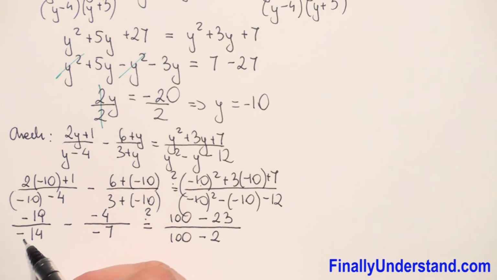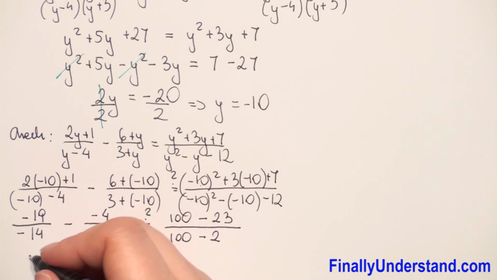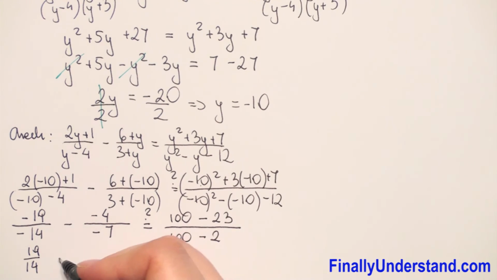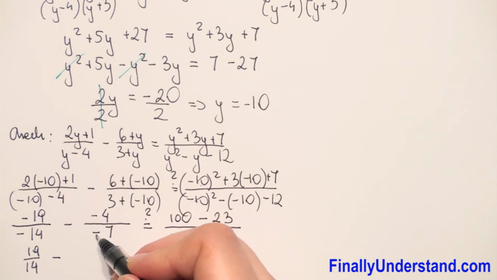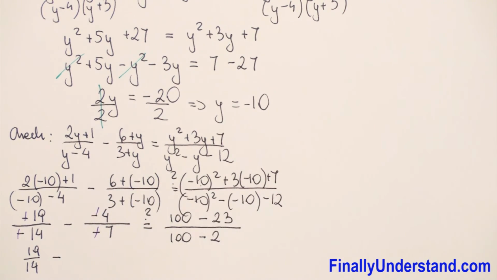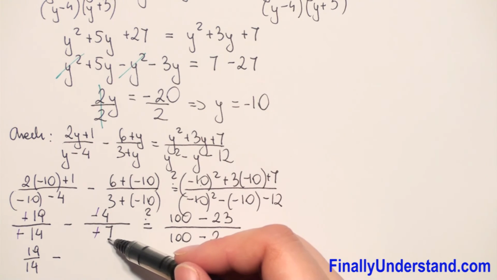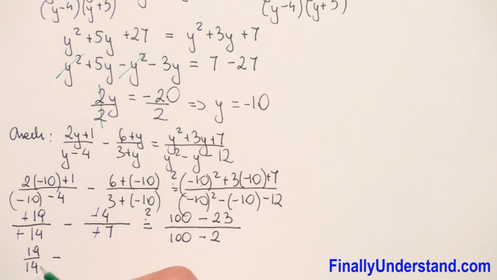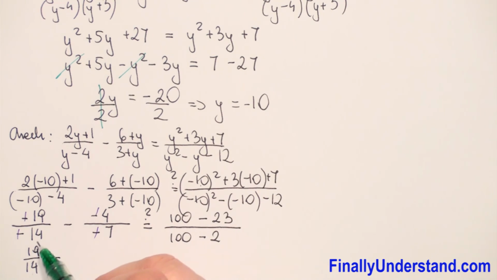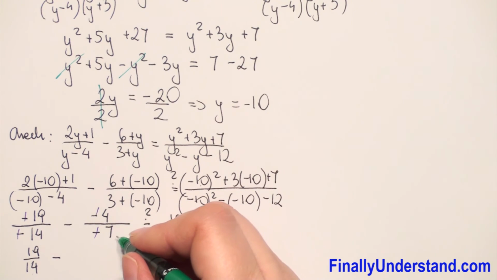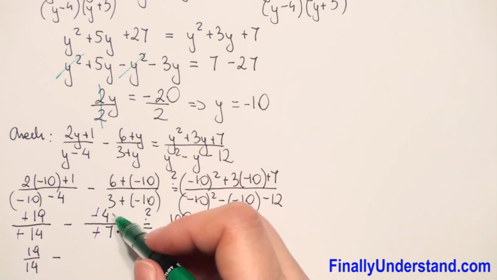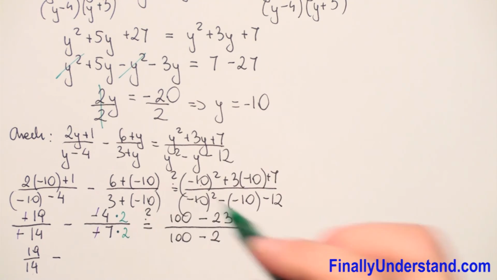Now we have negative and negative, which gives positive. We have 19 over 14, and again minus, negative and negative will be positive, and we have 4 over 7. In the first denominator we have 14, so I will find the common denominator for 14 and 7, which will be 14. So I will multiply 7 times 2 to have the same denominator, and the same I have to do with the numerator.